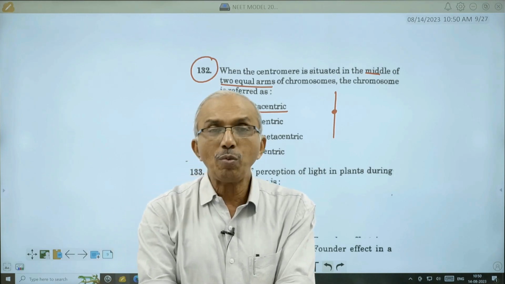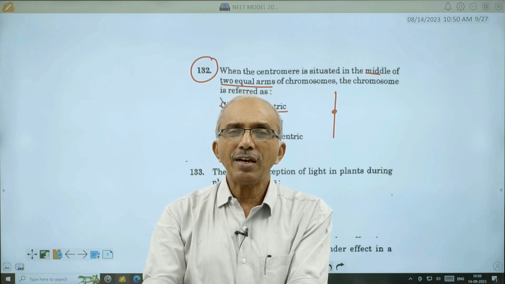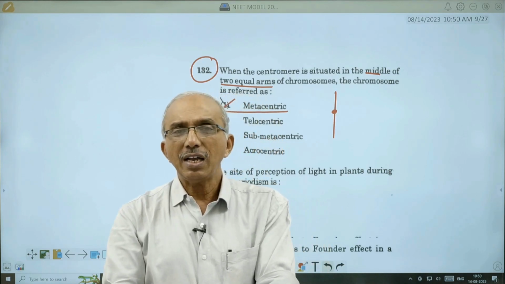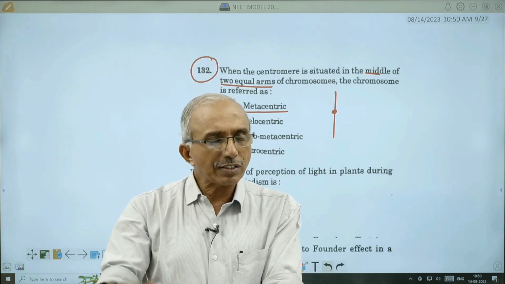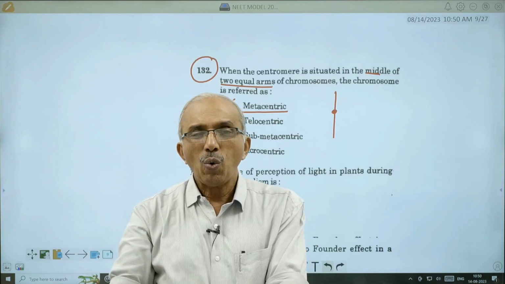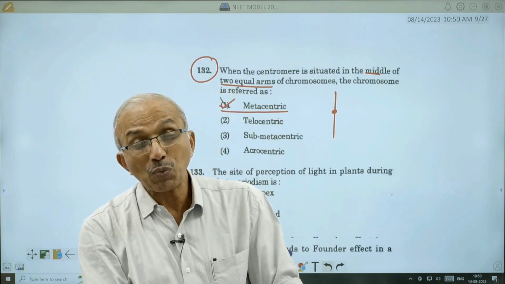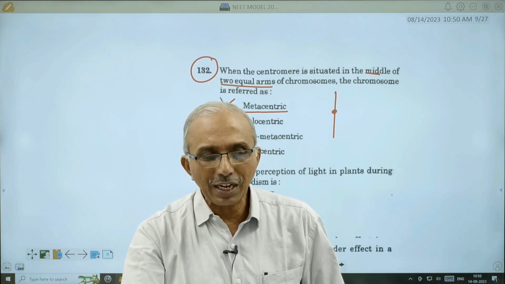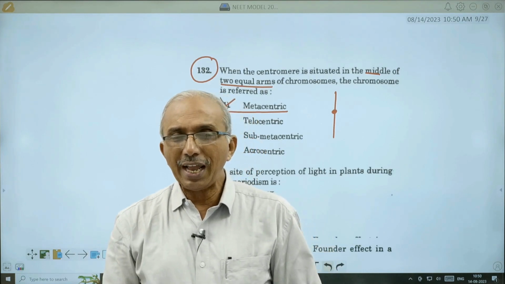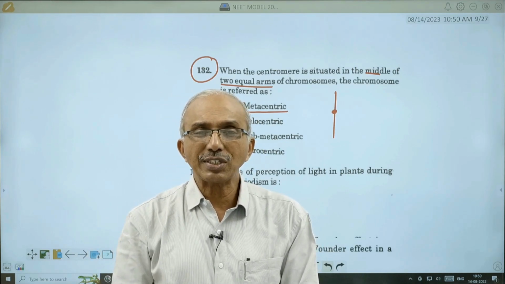If the centromere is a little away from the center, it is called submetacentric. If the centromere is towards one end of the chromosome, that is called acrocentric.